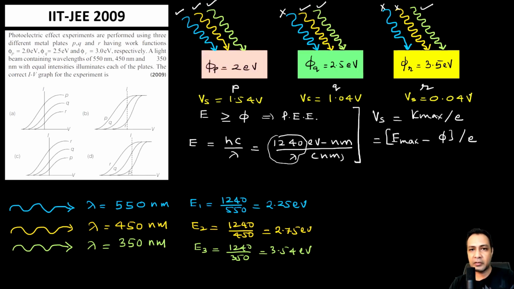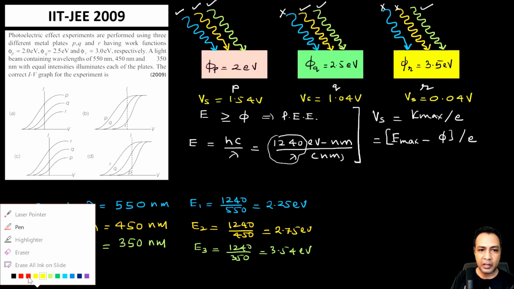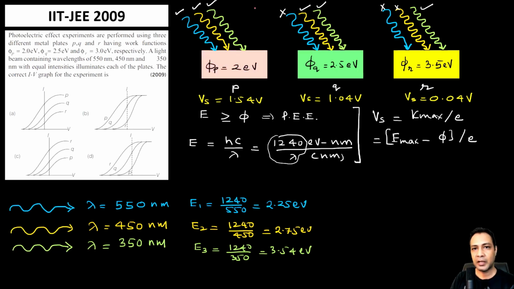But in plate P, all the three colors of light are causing photoelectric effect. In plate Q, only 2 lights are causing photoelectric effect. And in plate R, only 1 light is causing photoelectric effect. So for I P max, this will rank 1, this will rank 2, and this will rank 3.